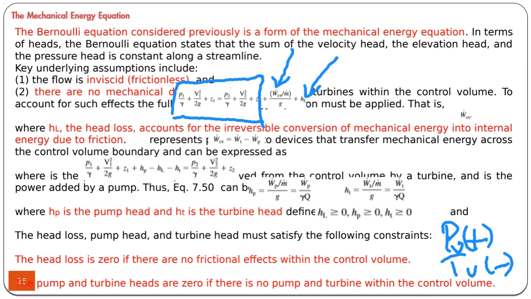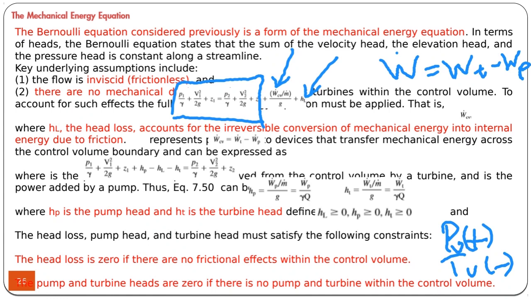Actually, the work due to the pump and turbine is W turbine minus W pump, but because it's on the right-hand side, when you move them to the left-hand side, you get pump to be plus, turbine to be minus.